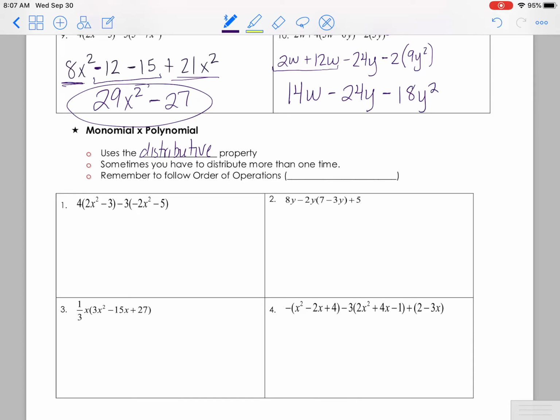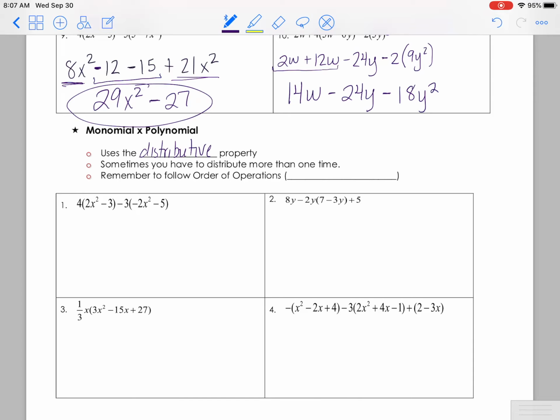Distribute that negative 3, so it gets me a negative 6x squared minus 12x plus 3. I'm not really distributing anything because it's a positive 1, so that doesn't change the values at all.